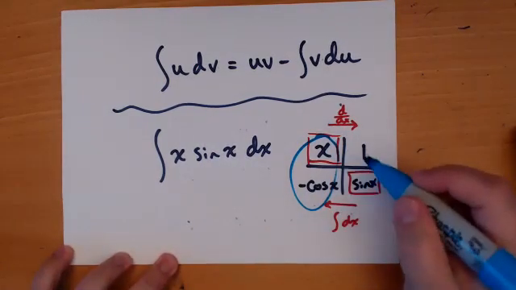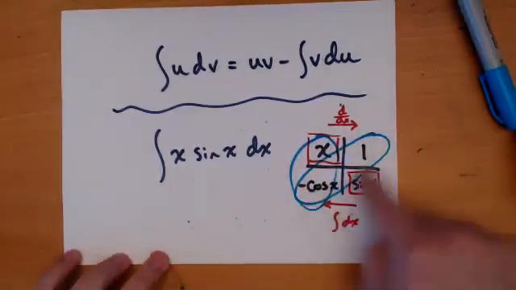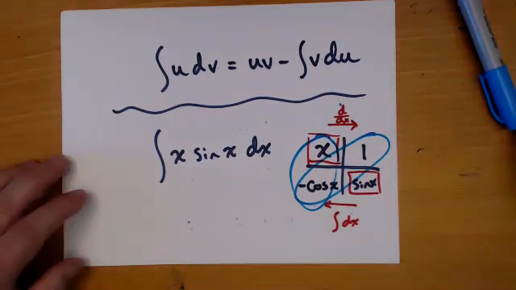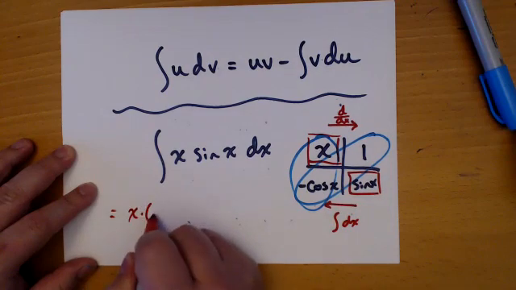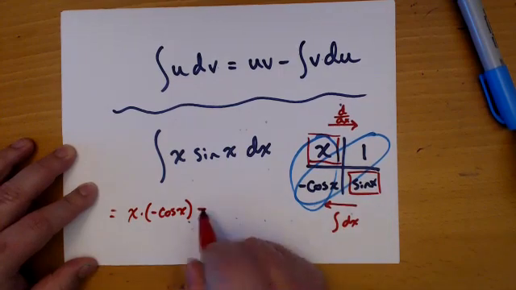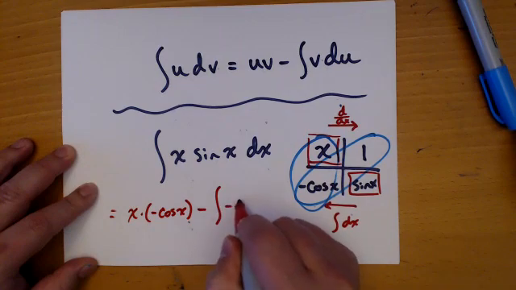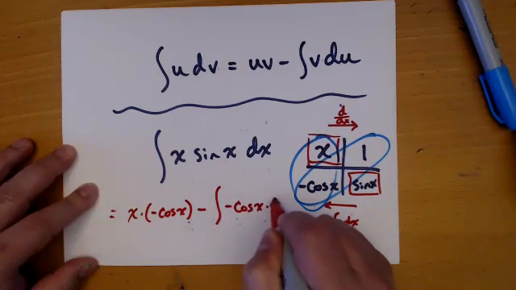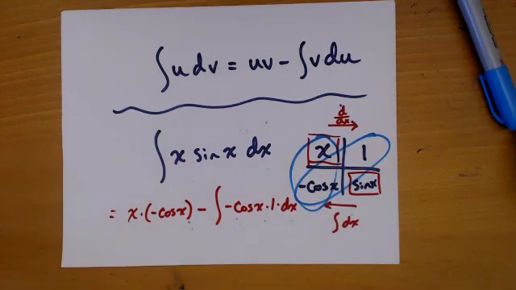Once you've filled in this box, here's how you write your answer. It's this minus that, or this minus the integral of that. So it's x times the negative cosine of x minus this. And obviously I can clean that up.